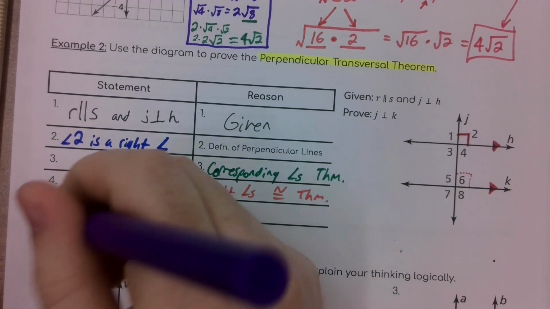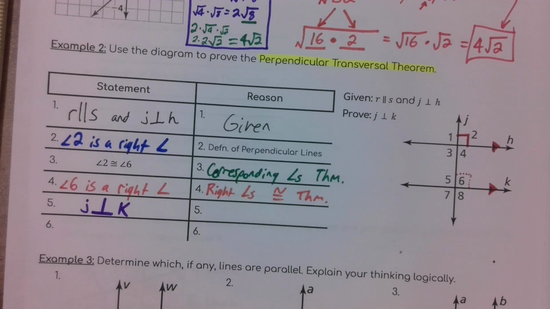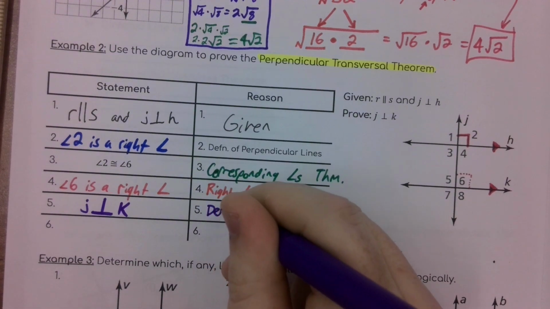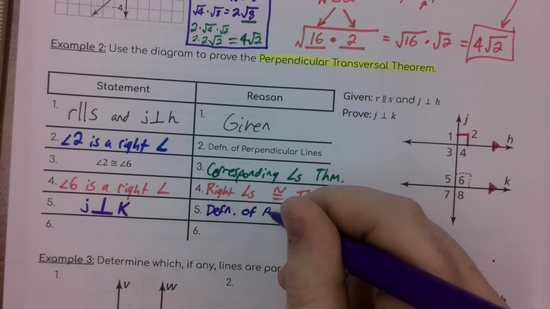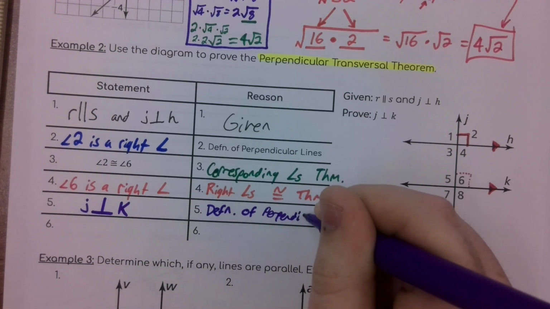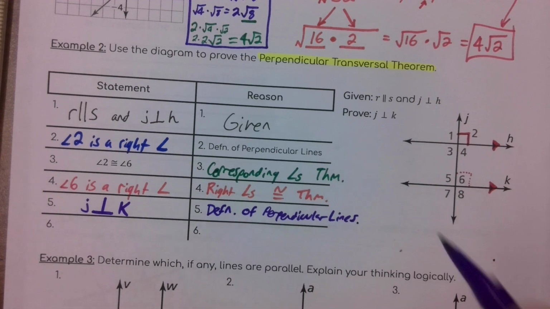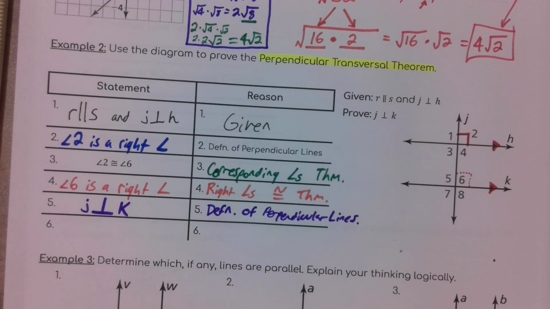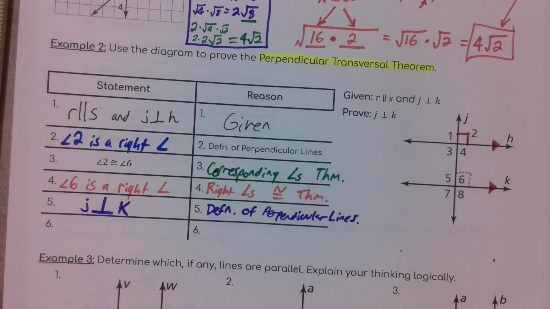Doesn't that necessarily mean that J is perpendicular to K because of the definition of perpendicular lines? The definition of perpendicular lines says two lines are perpendicular if they form a right angle. Since 6 is a right angle, the definition of perpendicular lines can be used to solve this.